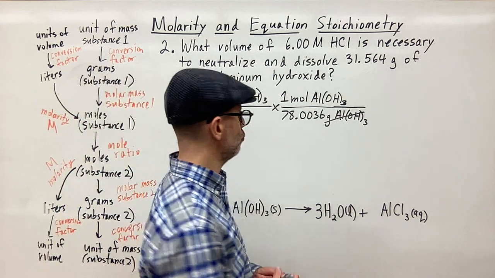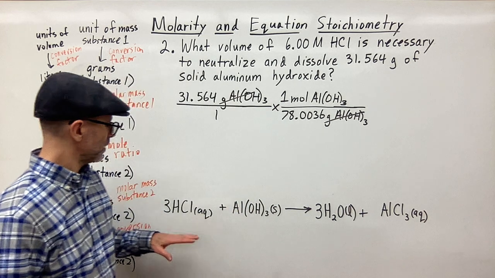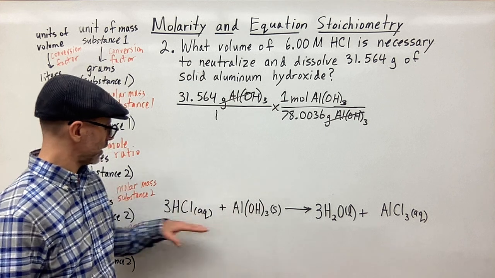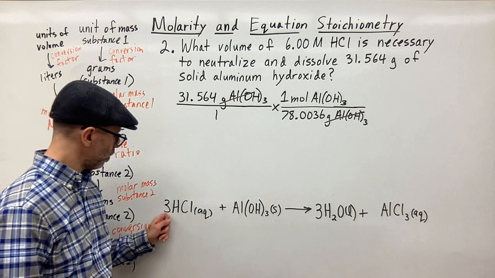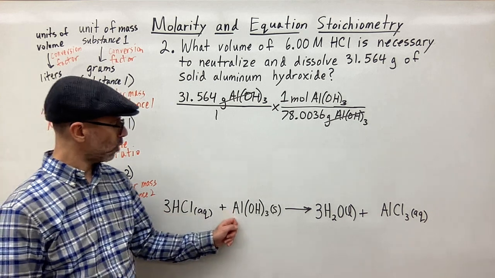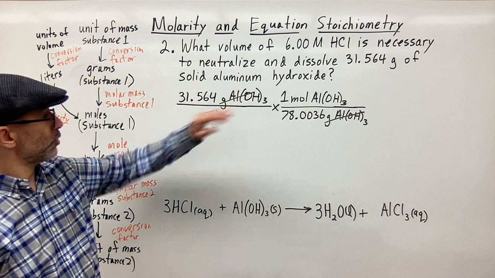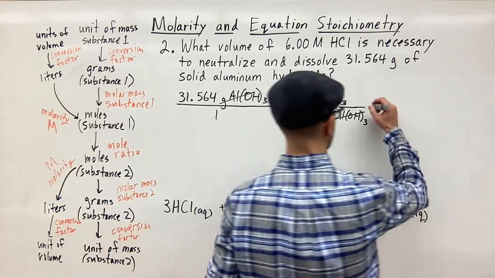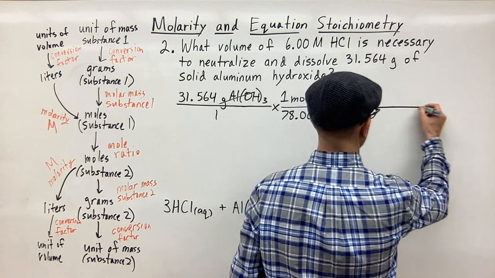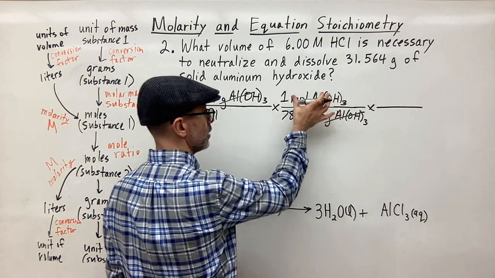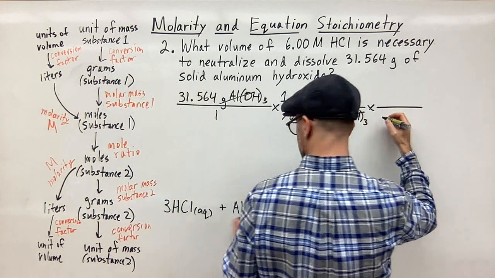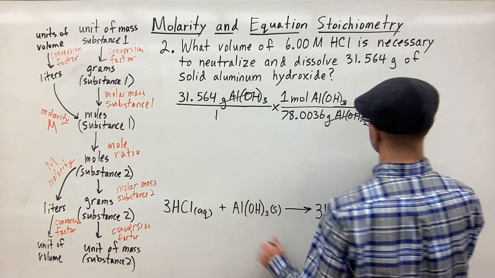So now I can use the mole ratio in my balanced equation. So I need the mole ratio between these two. So it's 3 moles of HCl to 1 mole of the aluminum hydroxide. So I'm going to put moles of aluminum hydroxide on the bottom. Right, since I have moles of aluminum hydroxide on top, I'm going to put 1 mole right there on the bottom.